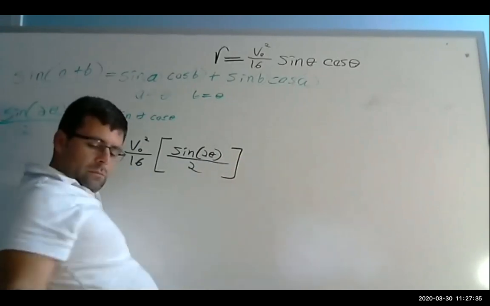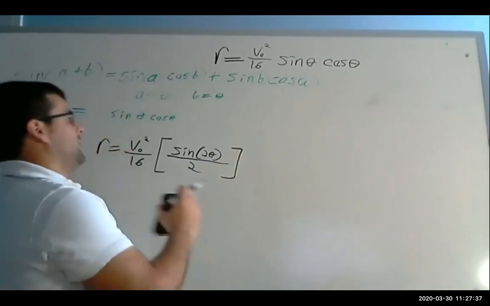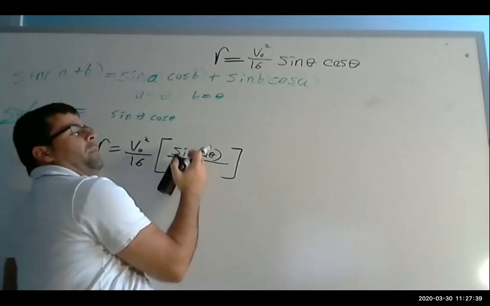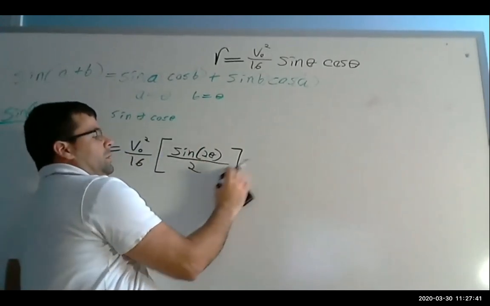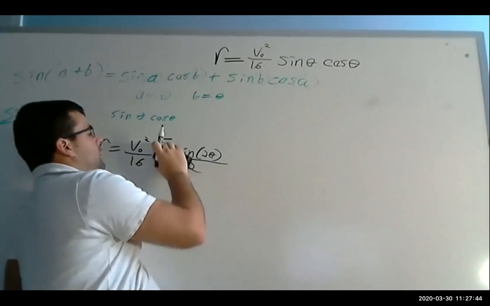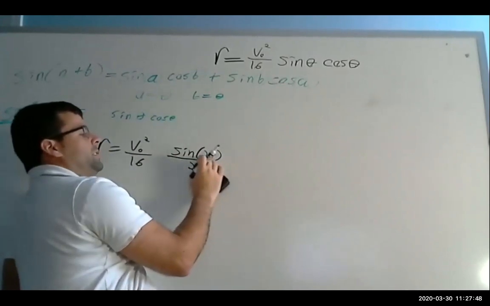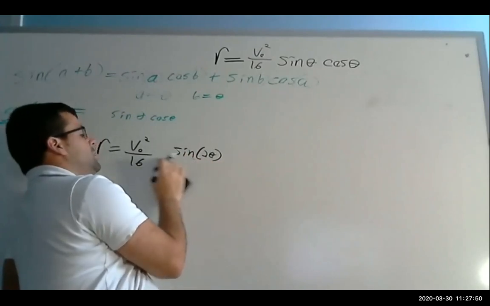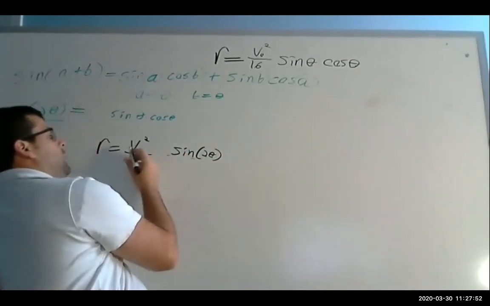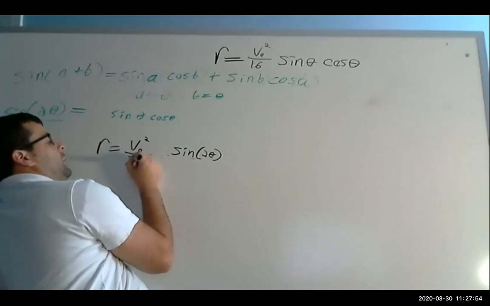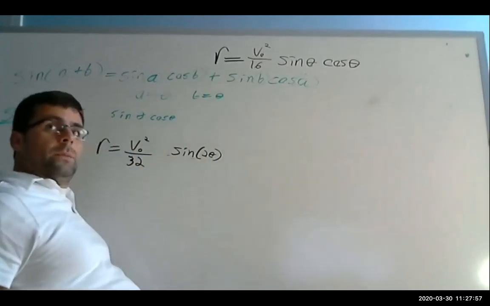But something over 16 times something over 2 just becomes, we can take this 2 and put it with that 16, which gives us 32.